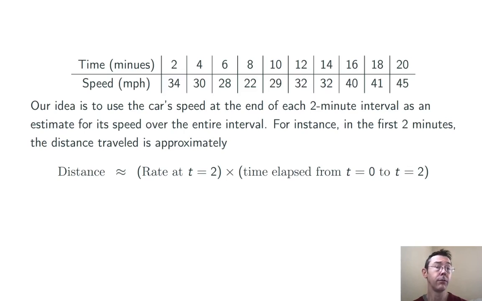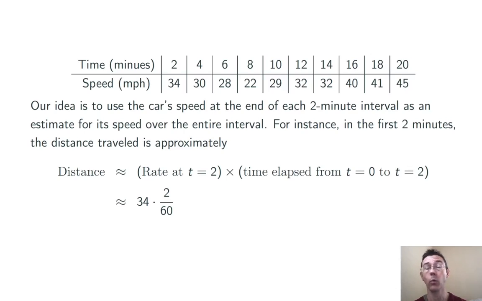Assuming that speed of 34 miles per hour over those first 2 minutes, we can get the distance traveled over those first 2 minutes, at least approximately. Distance is going to be rate times time. Of course, the rate is going to be 34 miles per hour, and the time elapsed is going to be 2 minutes. We have to be a little careful with units here. We have speed in miles per hour, but of course time is being measured in minutes.